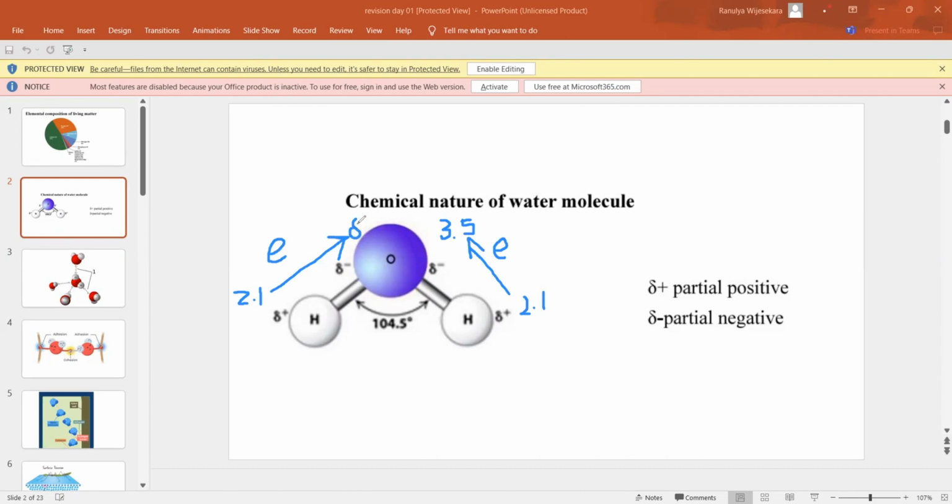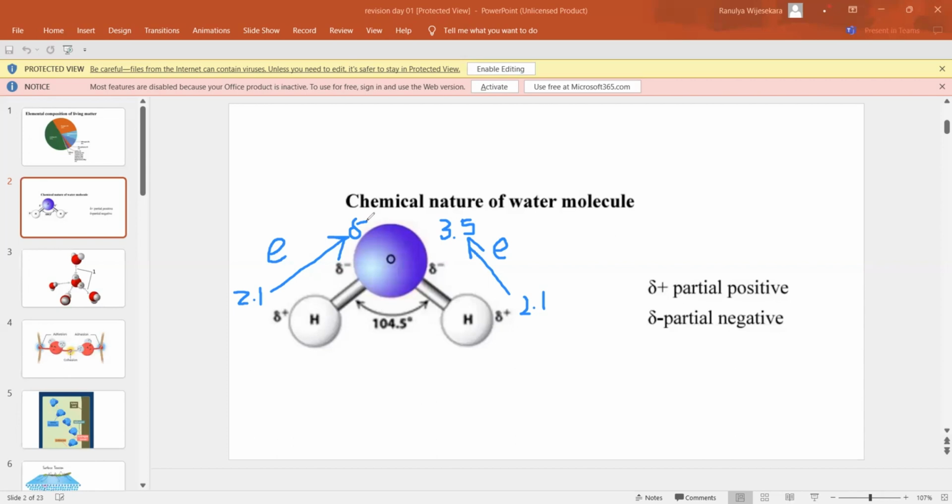It's a relative charge. Relative to hydrogen, it is negatively charged because all the electrons of the bond are attracted towards the oxygen atom. And the two hydrogen atoms have a partially positive charge. Delta means small. The oxygen atom bears a partially negative charge and the hydrogen atoms bear a partially positive charge.